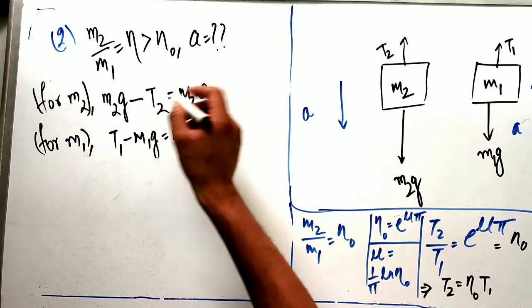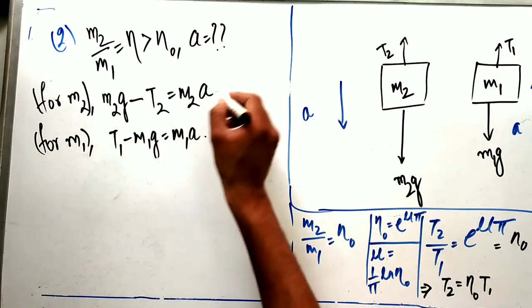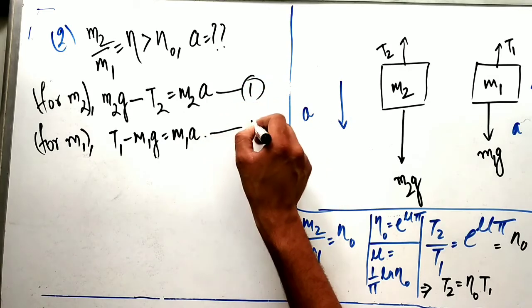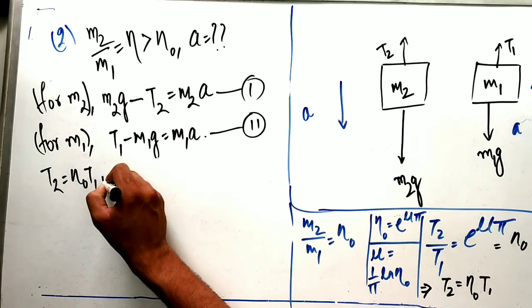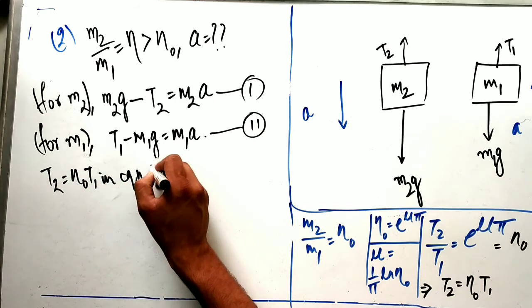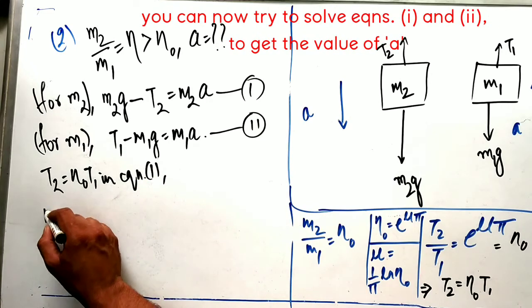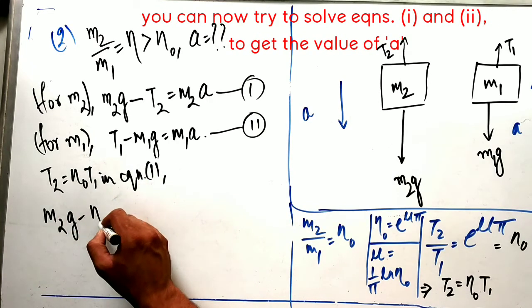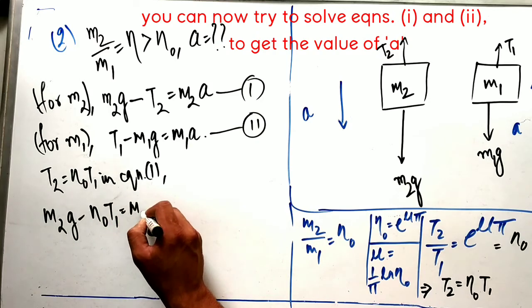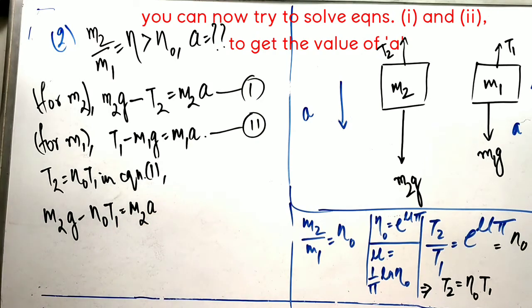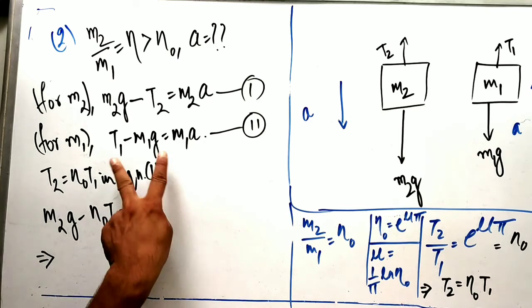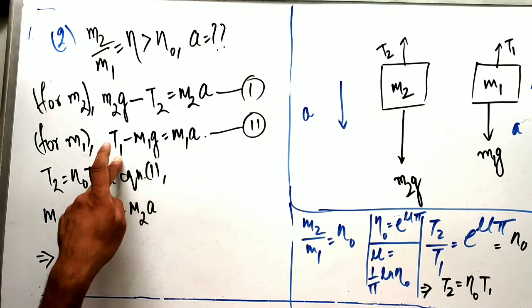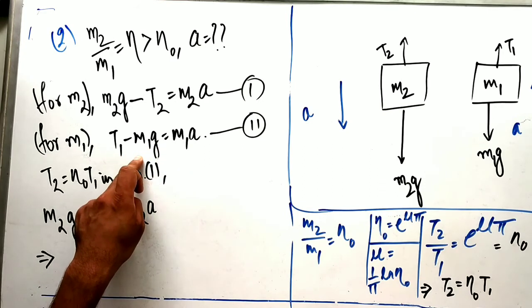We will put T2 is equal to eta naught times T1 in equation 1. We get M2g minus eta naught times T1 is equal to M2a. From equation 2, we can write that T1 is equal to M1a plus M1g.